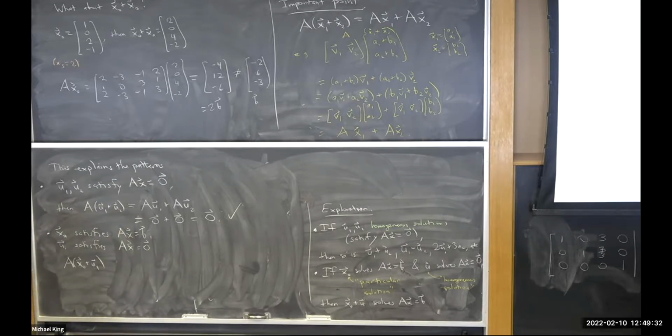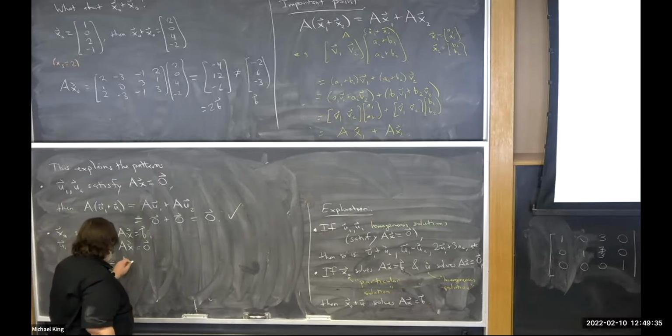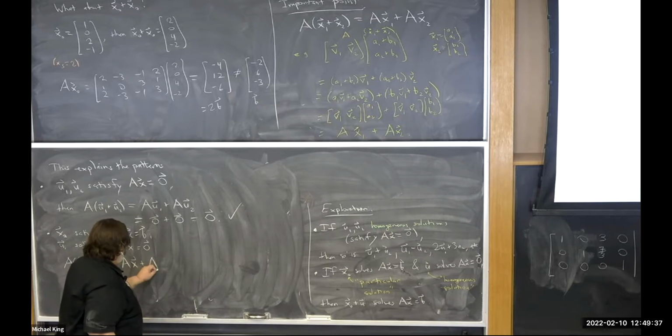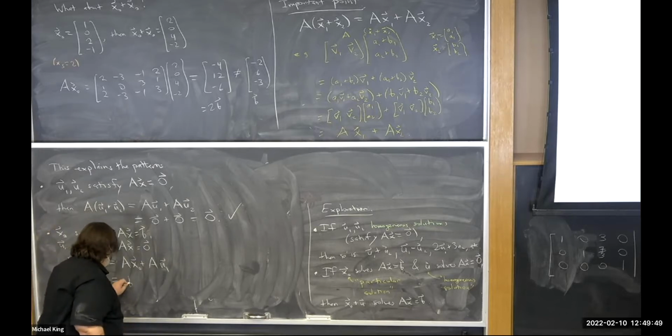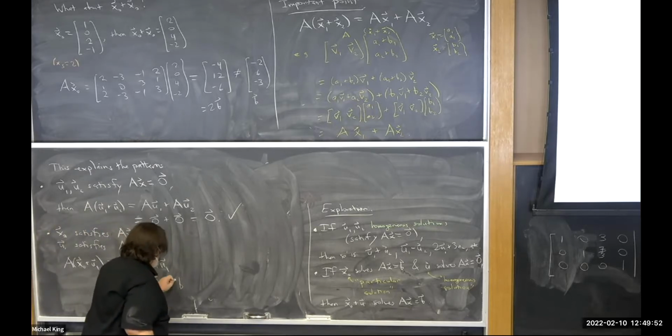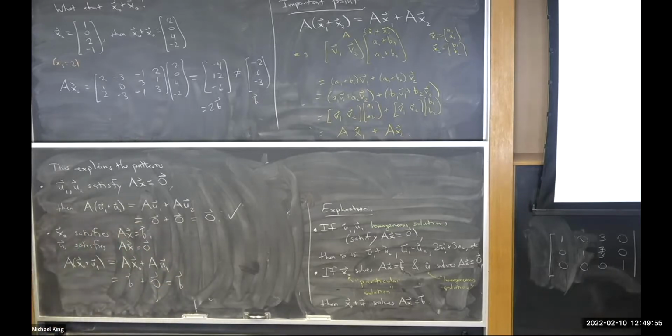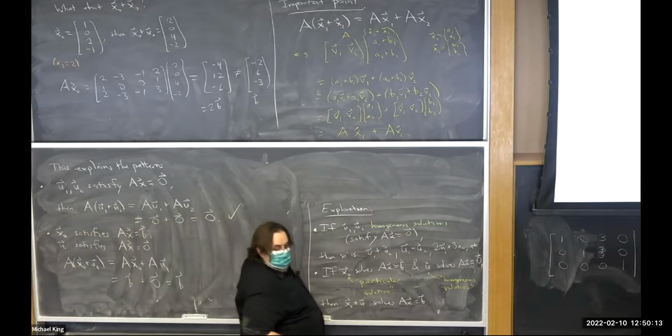Zephyr's making a face. Okay. It's hard to tell with the masks. That's AX naught, sorry. But AX naught equals B and AU1 equals 0. So that's B plus 0 equals B. And you guys even got to, if you have two particular solutions, V1 and V2, then what about the difference? What was the difference? Homogeneous solution, yeah.